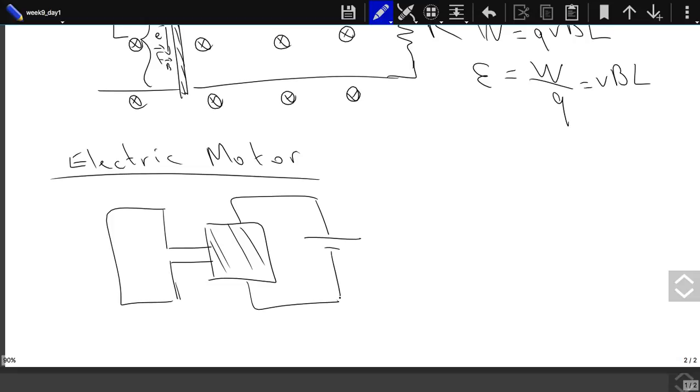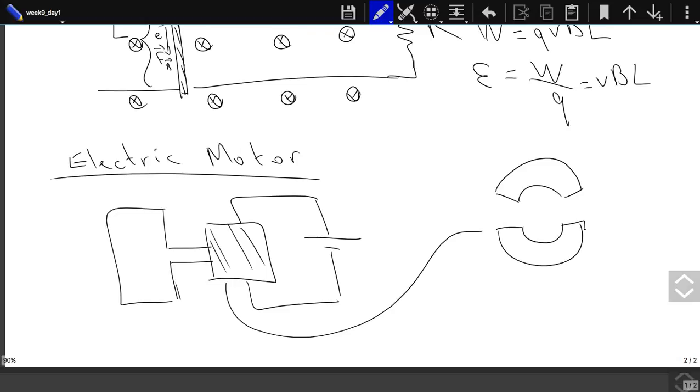That's the DC. In that place, you basically have these what are called brushes. These are just conductors. This part is connected to the battery. And then you have the wire.